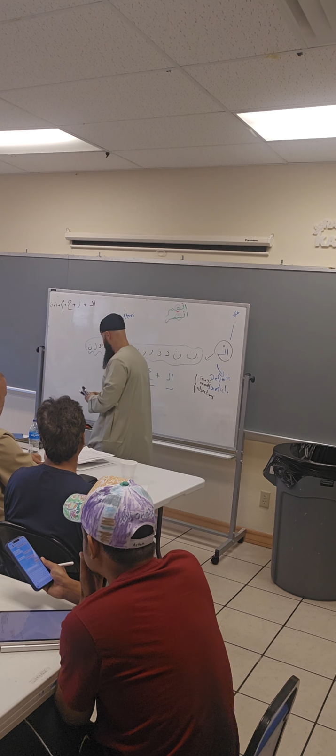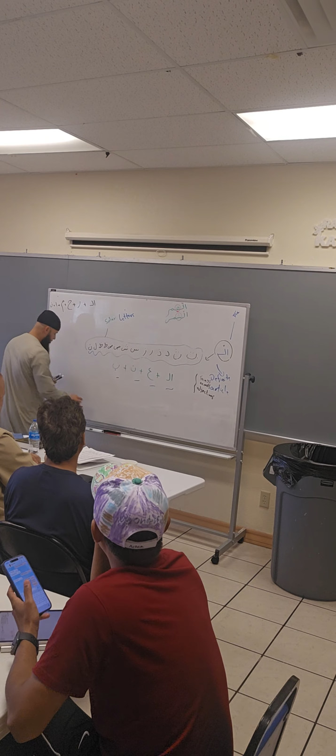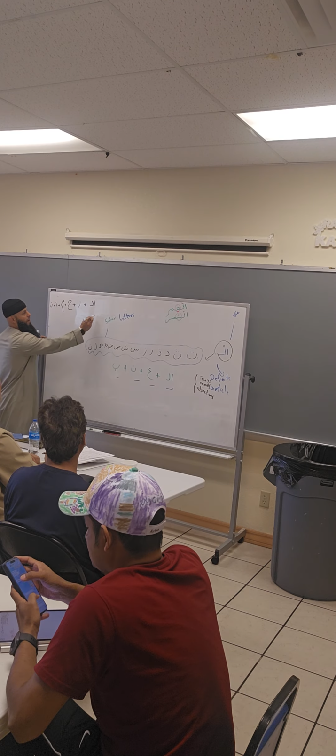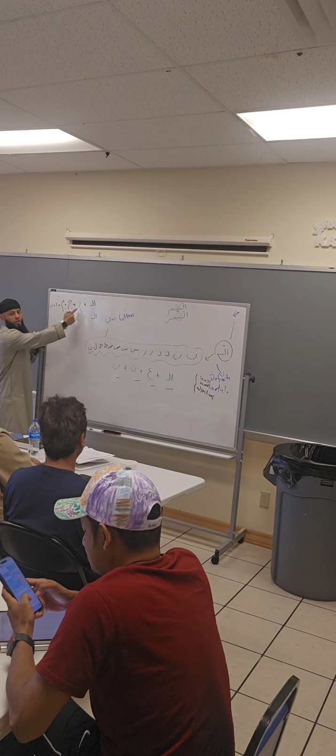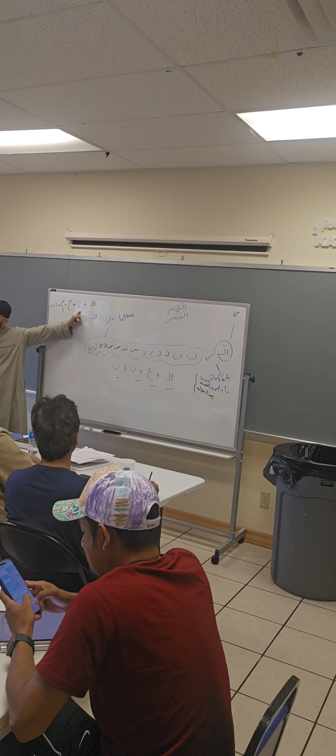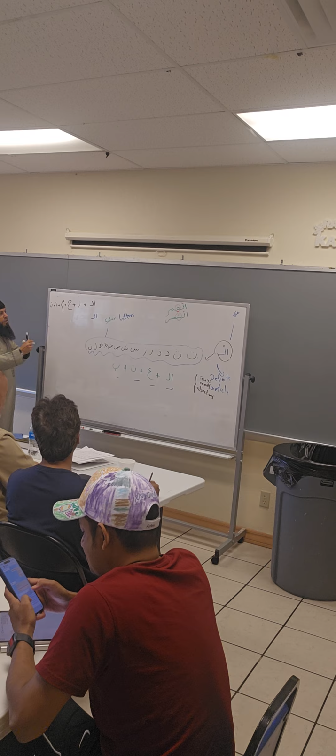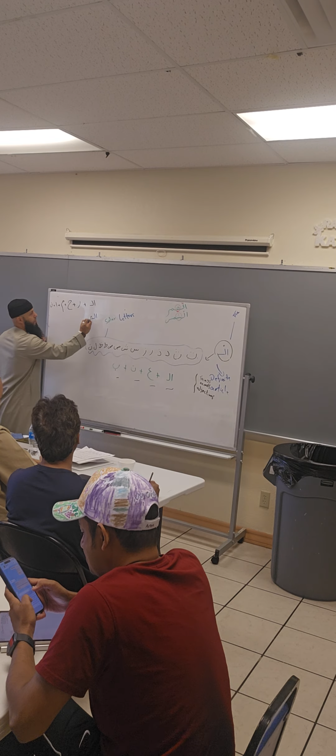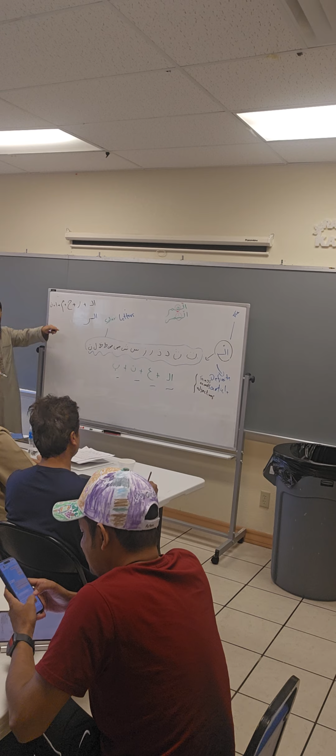Now, what are you going to do here? You're going to put Al. How are you going to connect it to the Ra, right? Does the Ra have a left hand? No. I'm sorry, does it have a right hand? Yes, it does. So it's going to connect. Does it have a left hand?